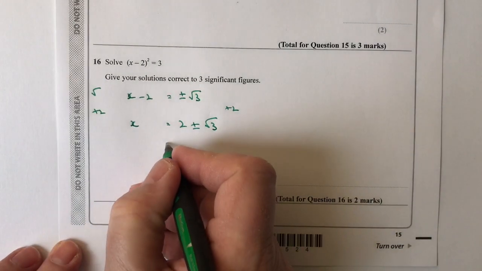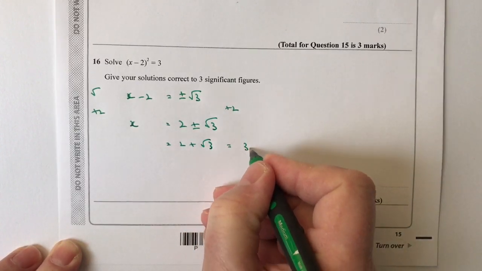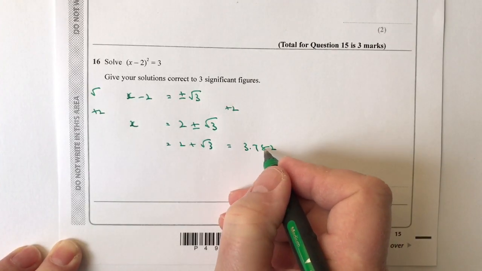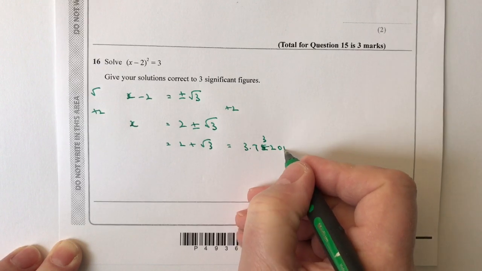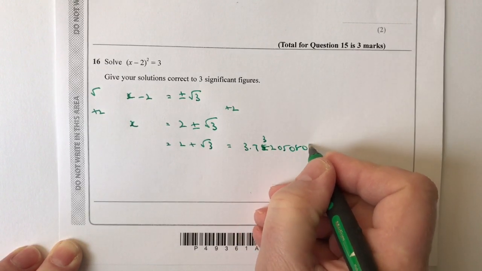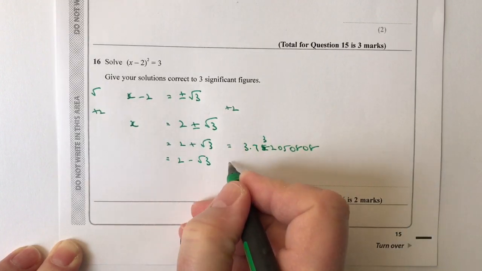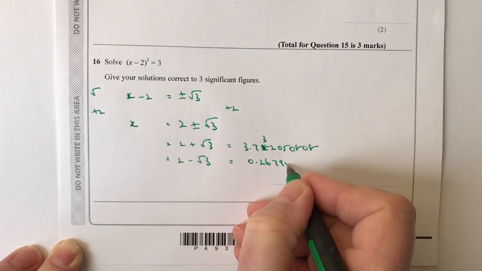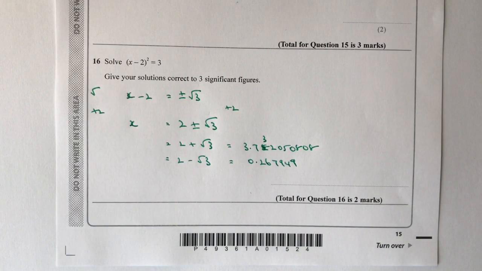The first value of x is going to be 2 plus the root of 3, which is going to equal 3.732. Then I've got 2 minus the root of 3, which is 0.267949. Not particularly relevant, I just wrote it all out because they're looking for the answer to 3 significant figures.